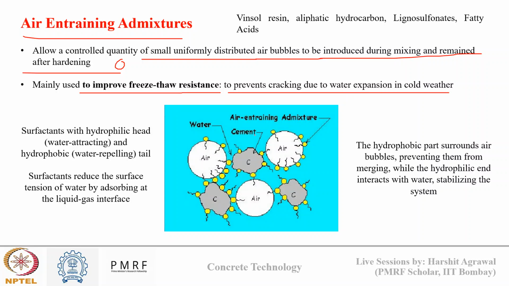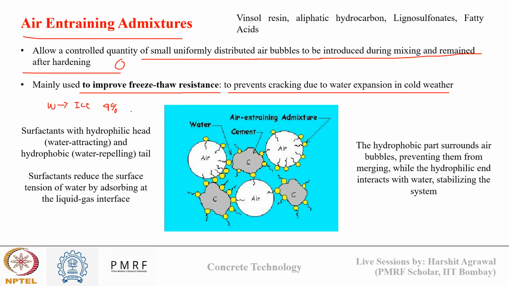Okay, so what happens in freeze-thaw action in concrete? So there are air voids which are present inside concrete. Okay, there is water that is present inside concrete. Now at very low temperature, water freezes and converts into ice. Now when water converts from liquid state into solid state, there is an expansion in volume by about 9%.